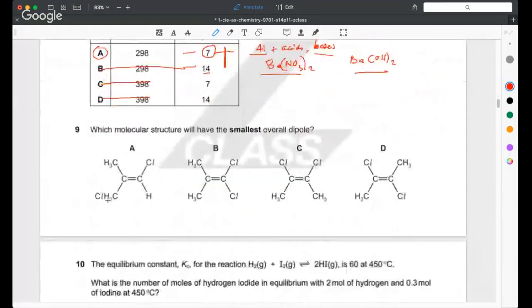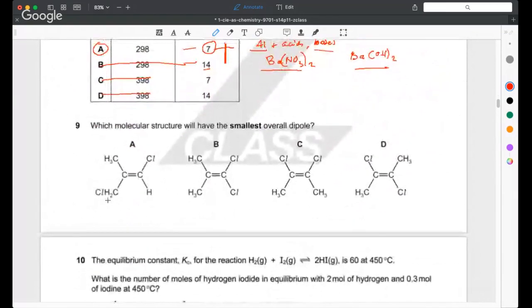Good. Next one. This is a question about the overall dipole. And so the thing that you're working with here is distinguishing between an overall dipole and a polar bond. Okay, so the polar bond is created because you have an electronegativity difference between the two atoms in the bond.